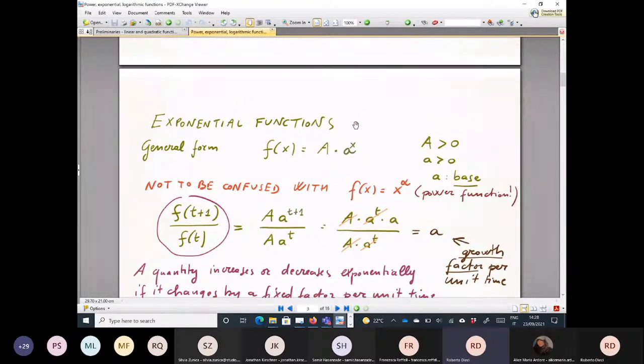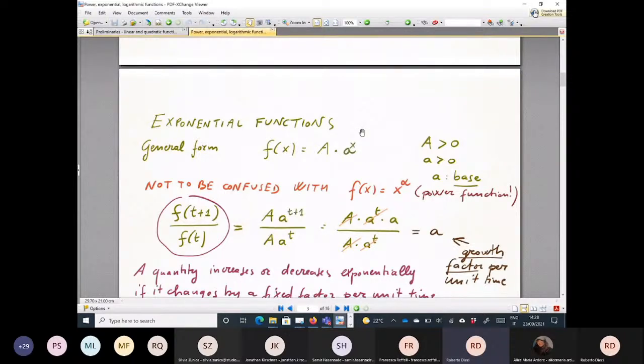I mean, biology, chemistry, economics, finance. Finance is built on the properties of exponential functions, basically. And geometric progressions, elementary mathematical finance is based on geometric progression, a large part of it, and finance is based on exponential functions.